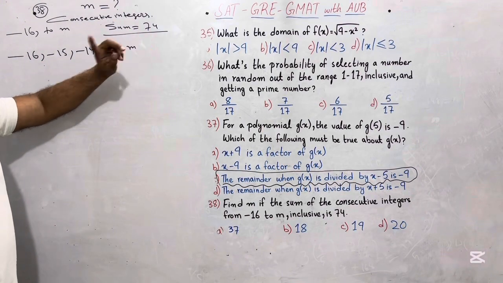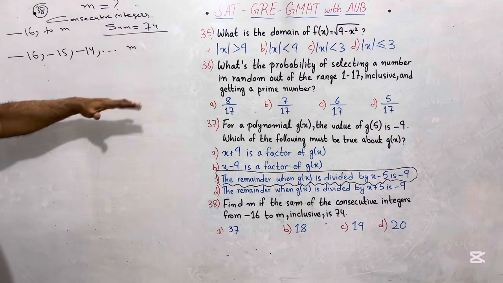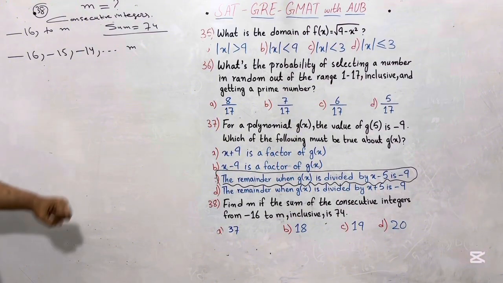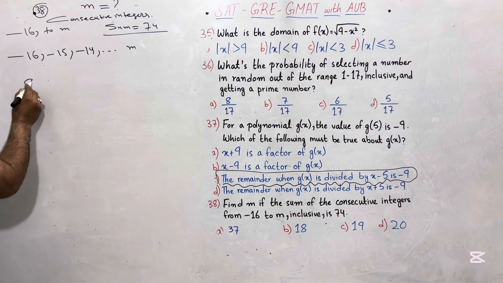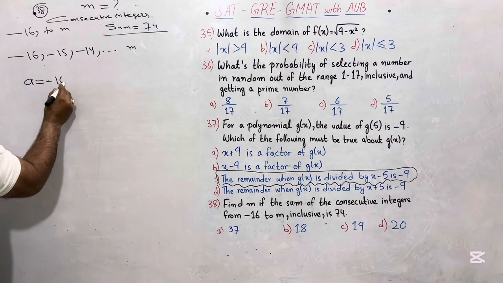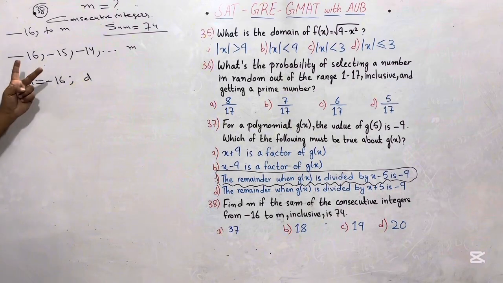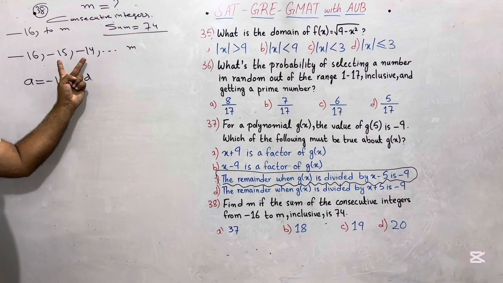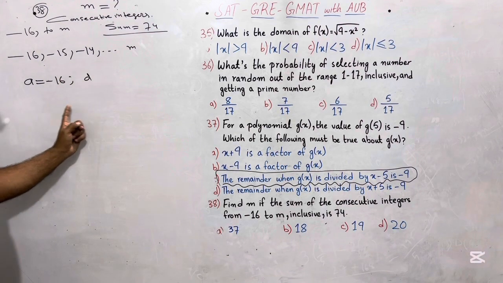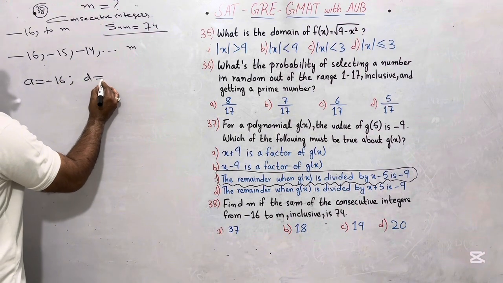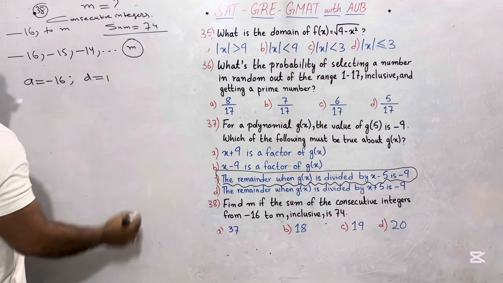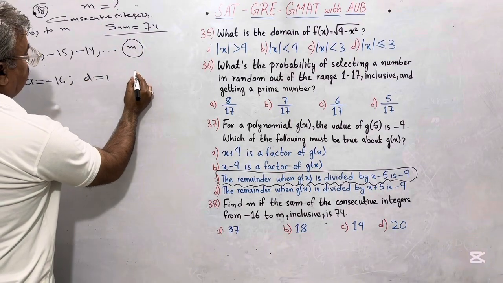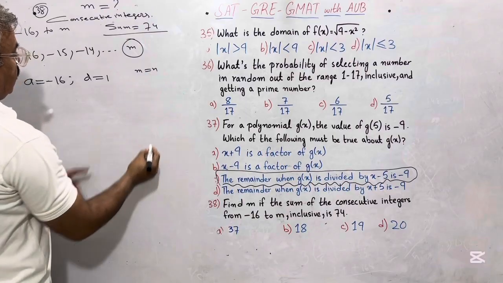The first orthodox method is AP: the first term is negative 16 and the common difference is positive 1, since the difference between minus 15 and minus 16 is 1, and between minus 14 and minus 15 is 1. That's our common difference, d is 1. And m is equal to the last term, the nth term.